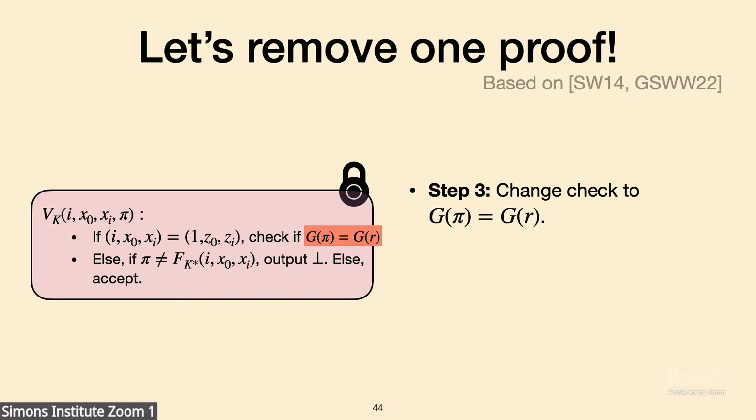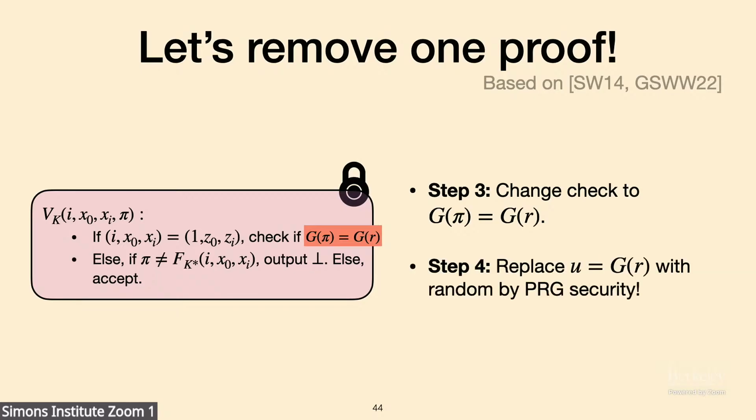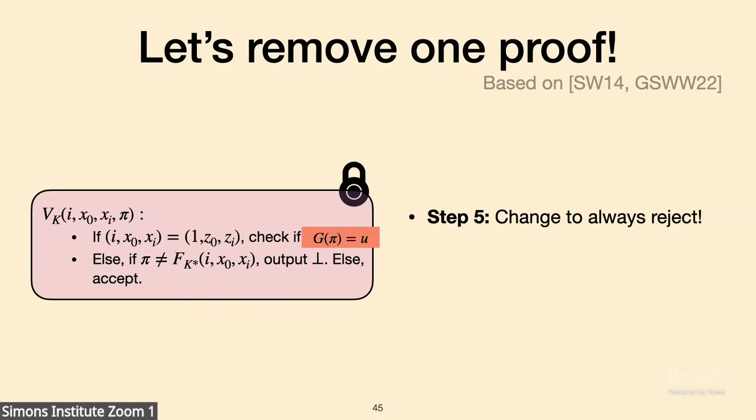Okay, and then finally, at this point r isn't really in the clear. I can replace g of r with a completely random value by the PRG security. But at this point, the cool thing is I can change this program to just always abort.